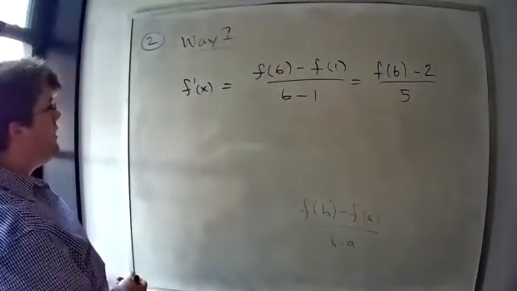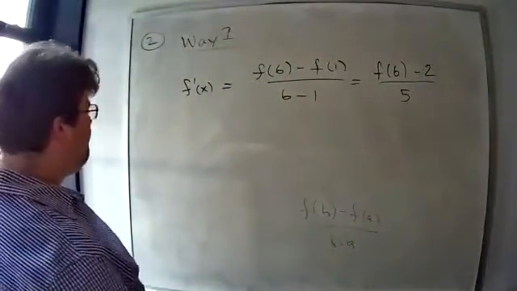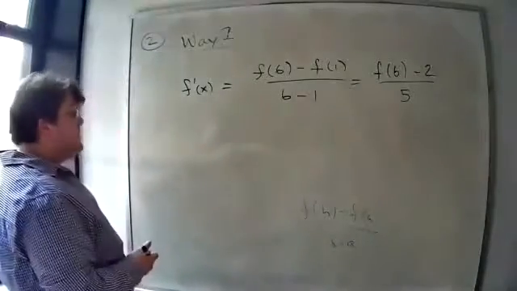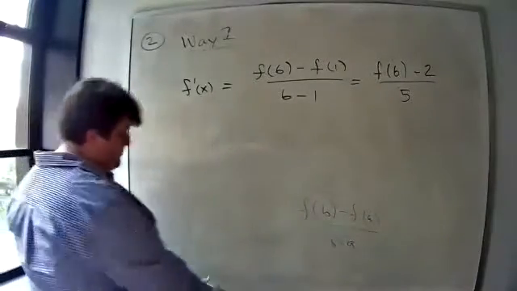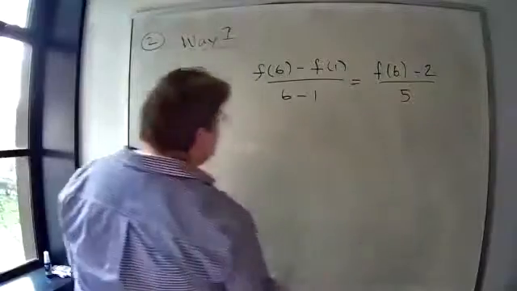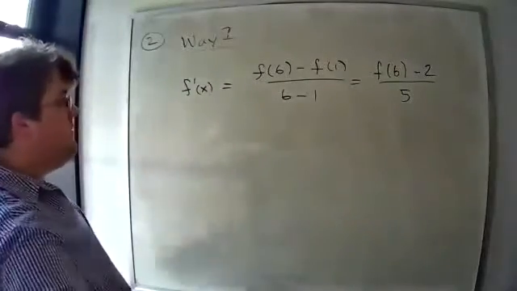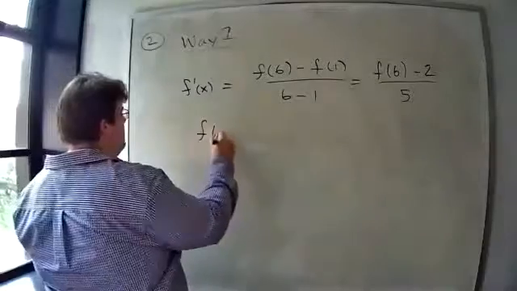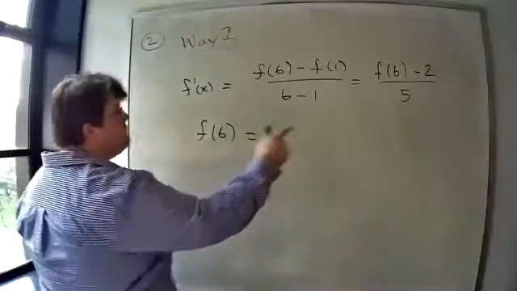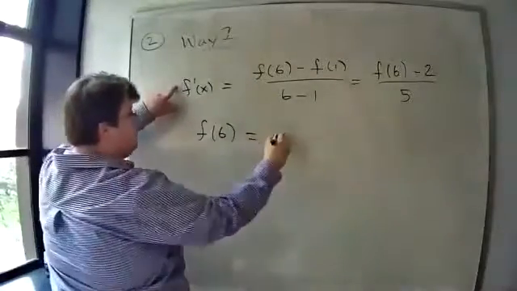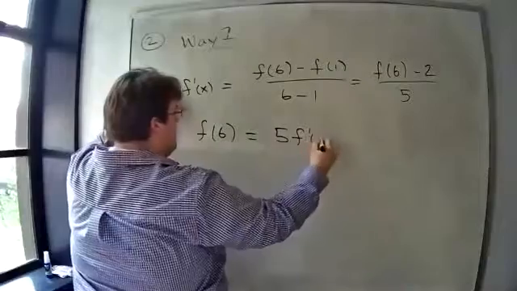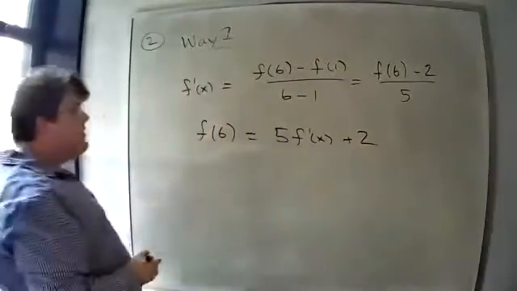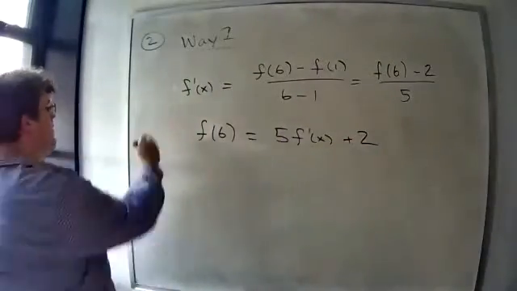Well, the derivative at each point in the interval will look like that, and it depends on what f of 6 is, because f of 6 here isn't necessarily constant. What we can do here is solve for f of 6. How do we solve for f of 6? Well, multiply by 5, add 2, and we've solved for f of 6.